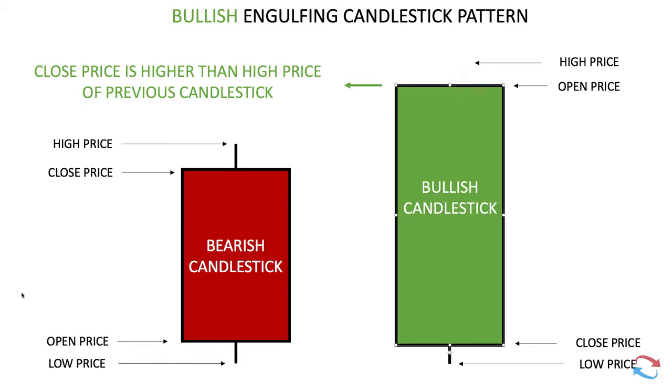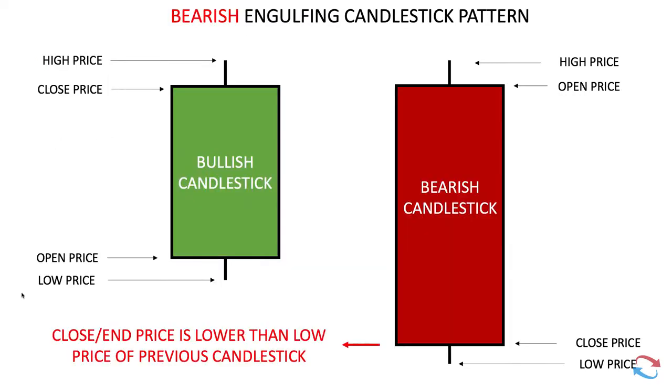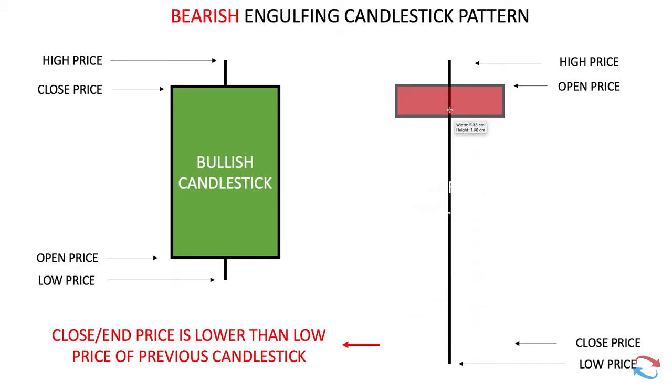So with a bearish engulfing candlestick, the same principles apply. You would have a bullish candle, so you'd have demand coming into the market, creating a high price, close price, open and low price, and then on the second candle, which is our bearish engulfing candlestick, you would have price basically start from here, and then it may go up a little bit.